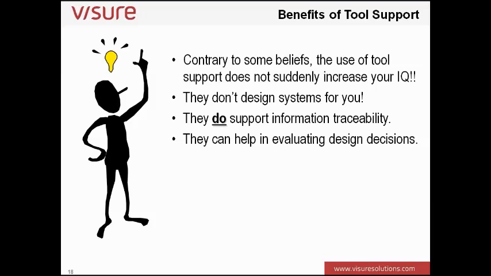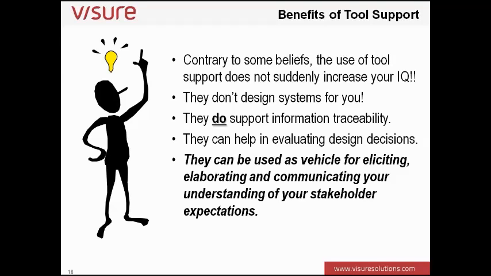They can help in evaluating your design decisions and making sure that you have the information available to you in real time at your fingertips, based on the traceability you've established, to make informed design decisions rather than base your design on assumptions. And finally, they can be used as a vehicle for eliciting, elaborating, and communicating your understanding of your stakeholder expectations.